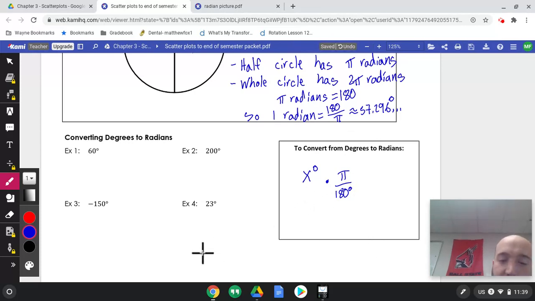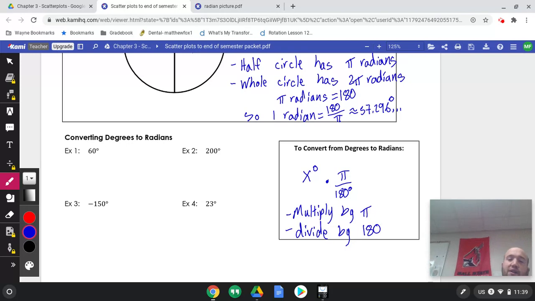In words, step 1, multiply by pi, and step 2, divide by 180. If we want an answer, we leave it in terms of pi. Since pi is irrational, it keeps going, so leaving it in terms of pi gives a precise answer.